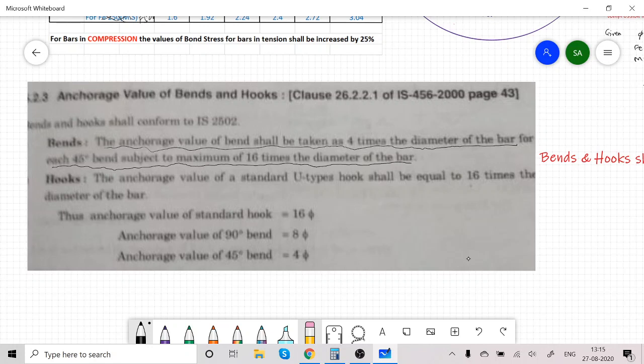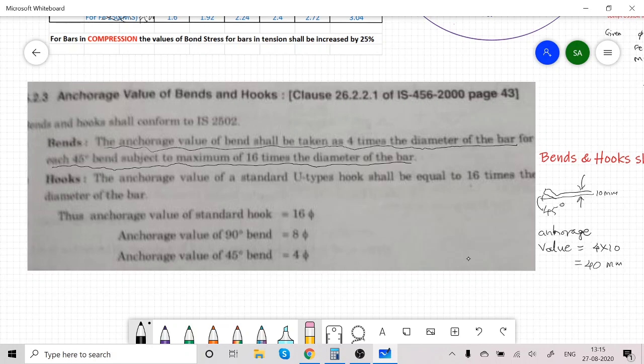Now, for example, if the bar is bent at an angle of 45 degrees, and if the diameter of the bar is say 10 mm, then its anchorage value is equal to 4 times the diameter of the bar, that is in this case 40 mm.